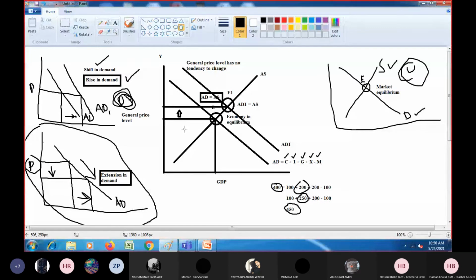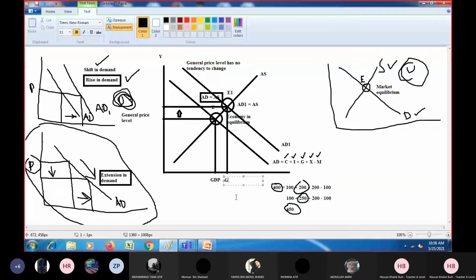And what has happened if we drag it, just a minute, if we drag it towards the x-axis as well, where we have taken GDP, you will see that GDP has also increased. I will use GDP1 here.